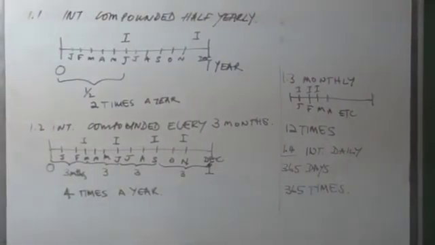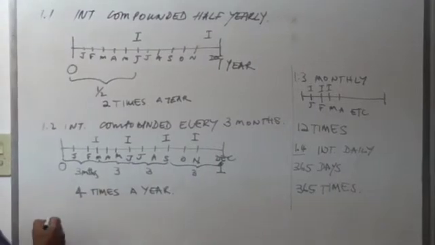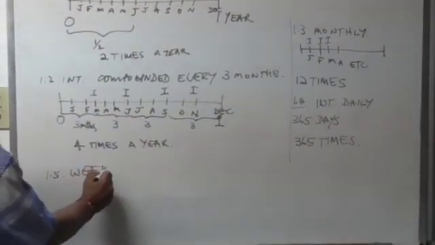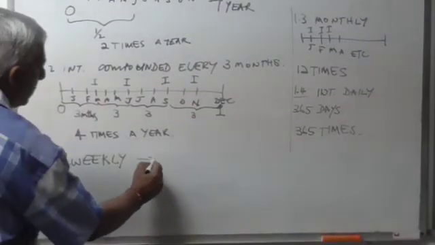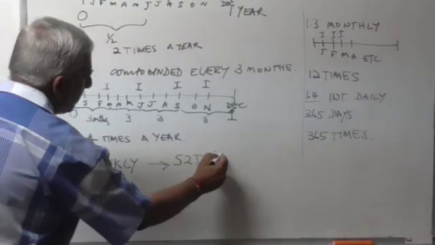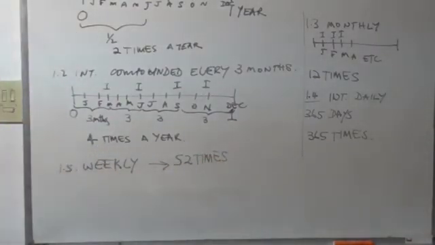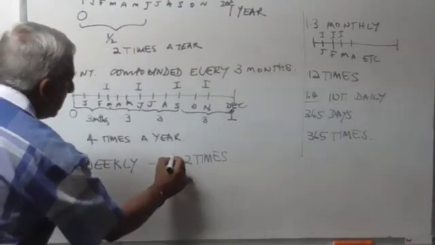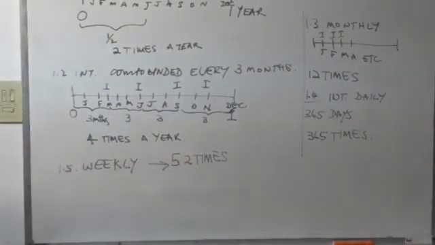Then there's 52 weeks. 1.5. If it's weekly, then you will get interest 52 times, because there are 52 weeks in a year. So if it's weekly, you will get interest 52 times.